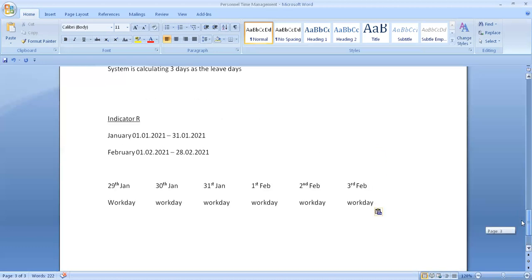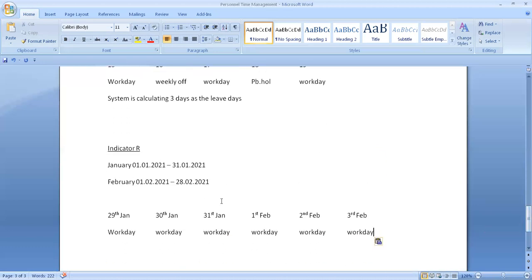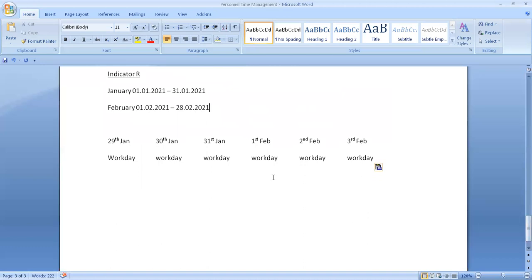Let's say it can be some other year, any year. I can say January 1st to, if this is an example, it may not be exactly a work day or not. We are taking it as an example. So the 29th, 30th, 31st of January are all working days. February 1st, 2nd, 3rd are also working days. And I'm using indicator R.